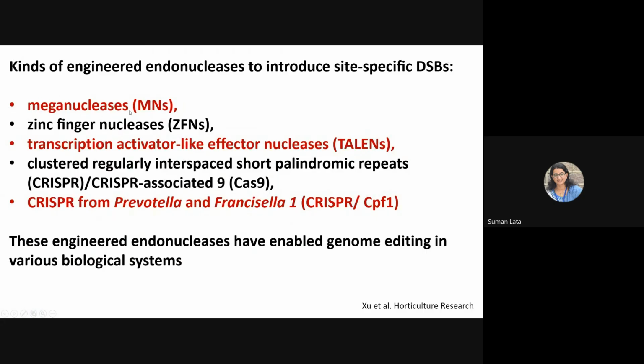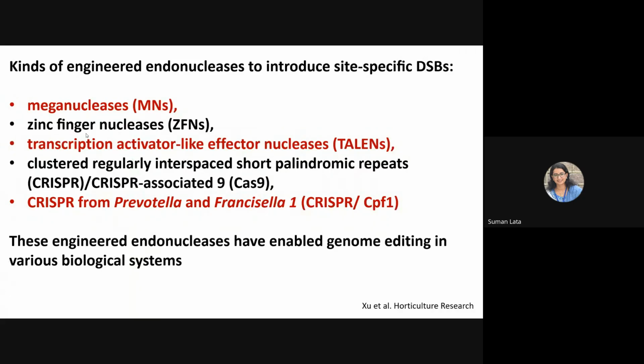One is meganucleases, then zinc finger nucleases, and the TALENs, which are the transcription activator-like effector nucleases. In the short form, they are TALENs. Then the fourth one is CRISPR-Cas9, where CRISPR is clustered regularly interspaced short palindromic repeats, and the enzyme is Cas9, CRISPR-associated 9.